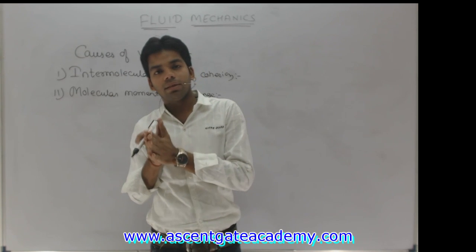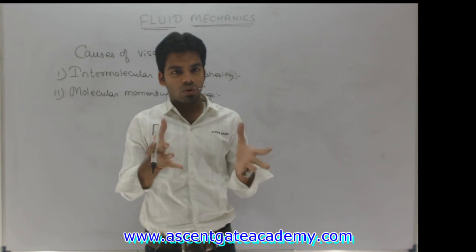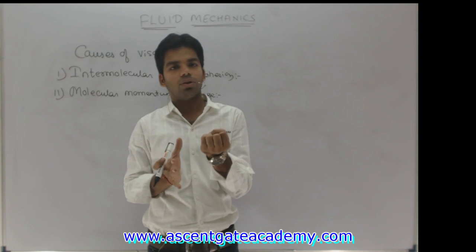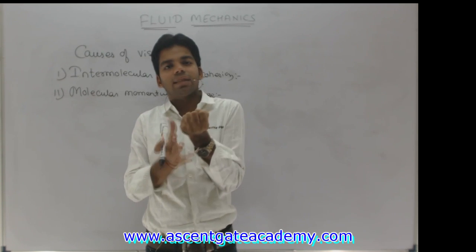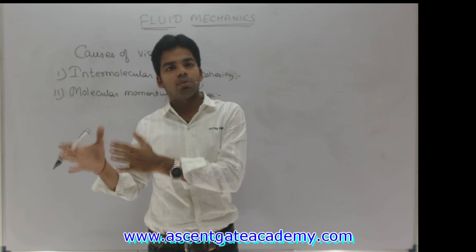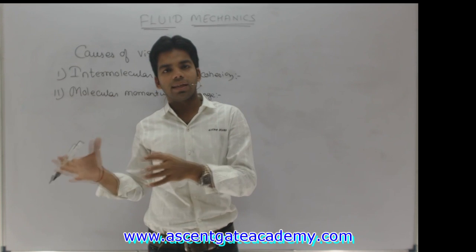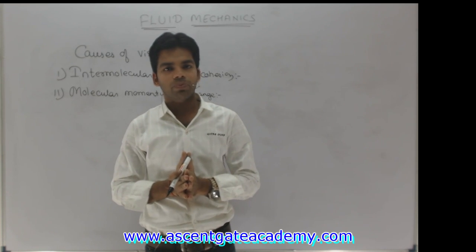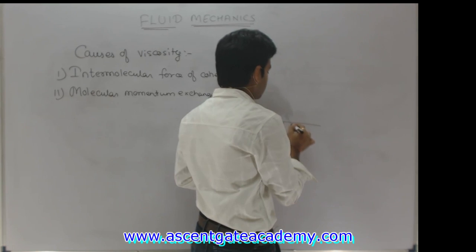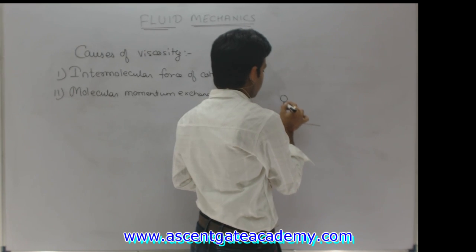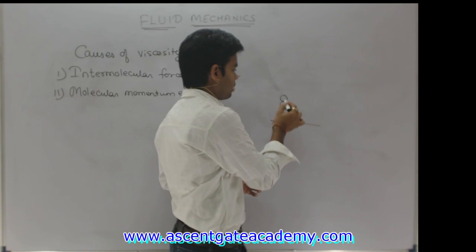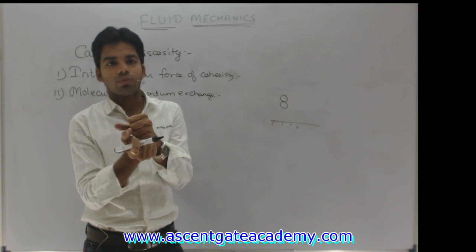Basically solids and liquids have this intermolecular force of cohesion which binds the molecules together. In gases, the intermolecular force of cohesion is very less as compared to solids and liquids. So what will happen when intermolecular force of cohesion is acting? Suppose this is our liquid layer, and these are two molecules joined with the help of this force, intermolecular force of cohesion.